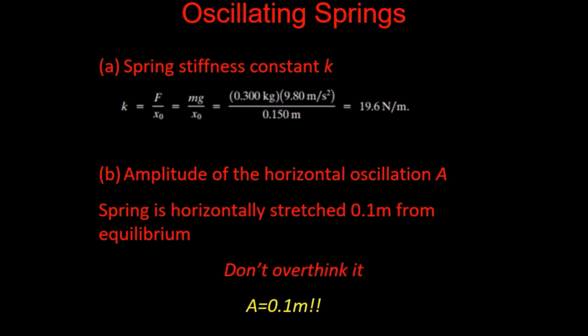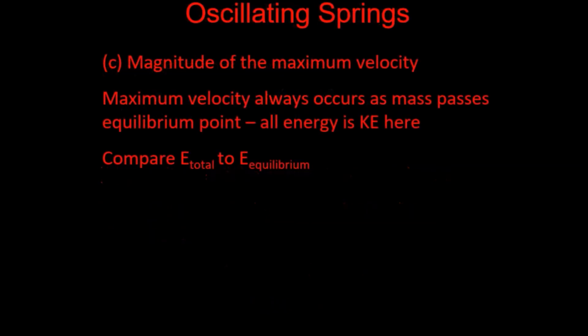Let's take a look at part C and ask, what's the magnitude of the maximum velocity? Well, the maximum velocity of our system, in this case with a mass on a spring, will always occur as the mass passes the equilibrium point. At this particular point, there is no spring potential energy to work with.